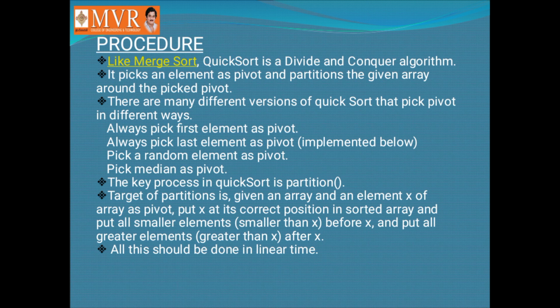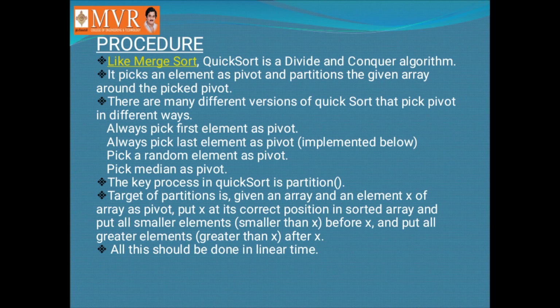Like that, in the quicksort algorithm we also do partitioning, meaning the list of elements will be divided into sublists, that is left sublist and right sublist. This is known as partitioning. In the quicksort algorithm, this partitioning plays an important role.